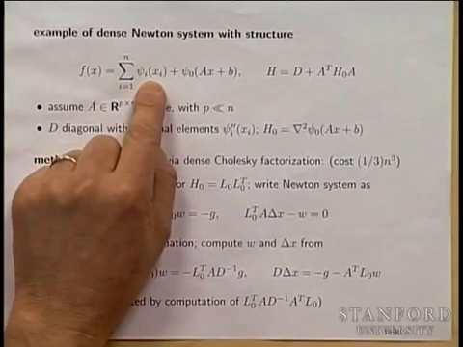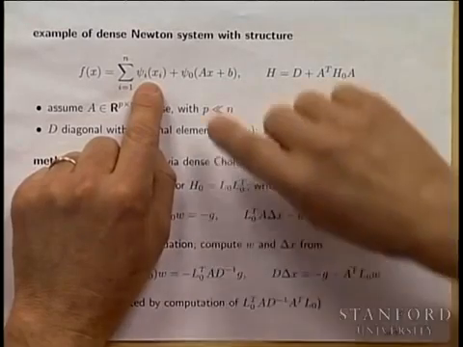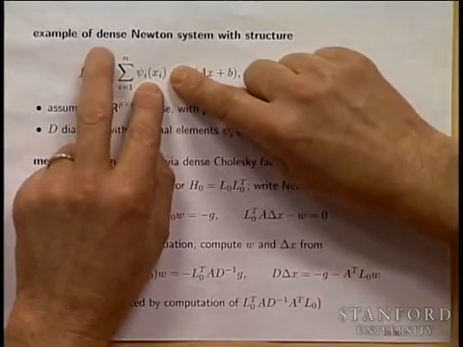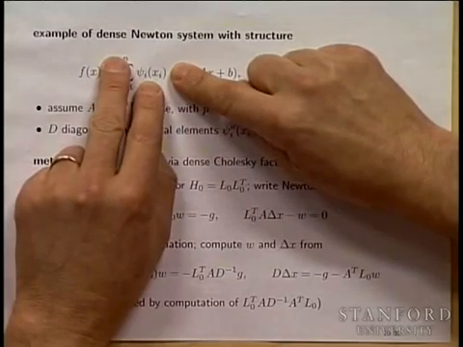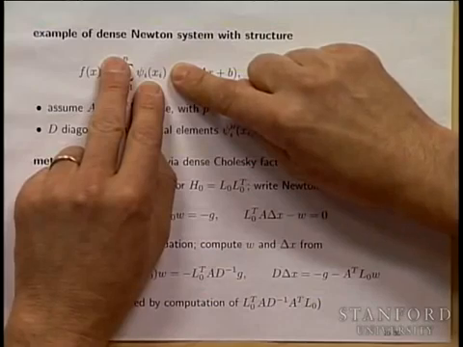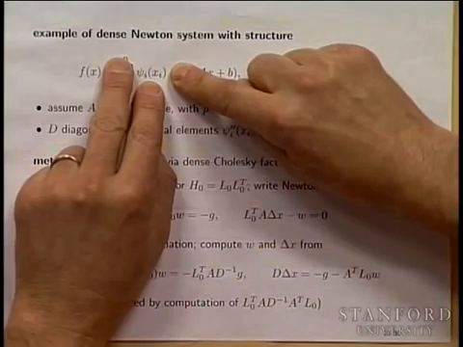It should light up big time when you see a separable function, because separable function should mean for you diagonal Hessian, and diagonal should be right at the top of the list of structures that should be exploited, obviously.